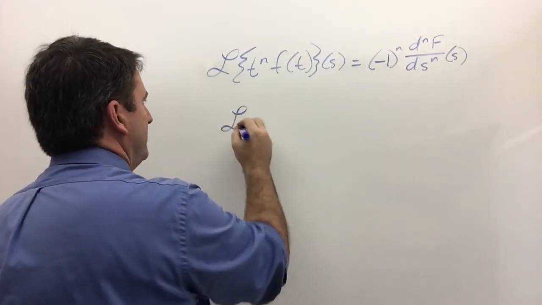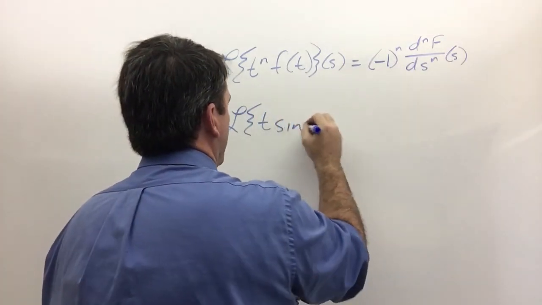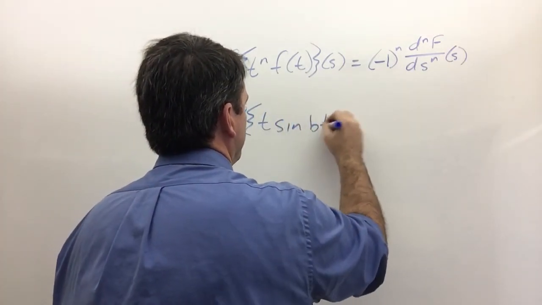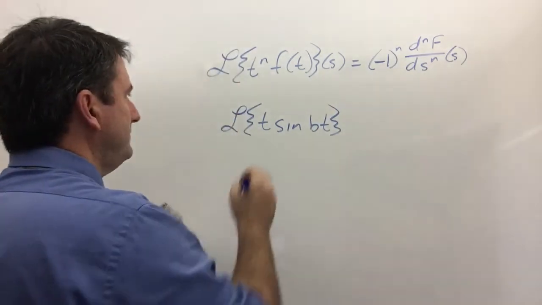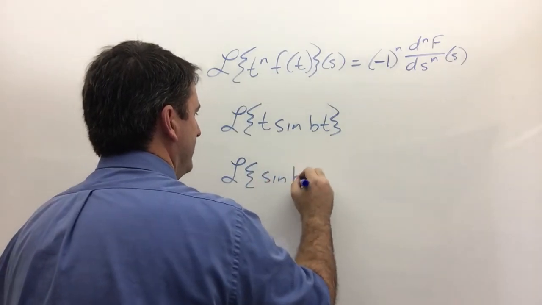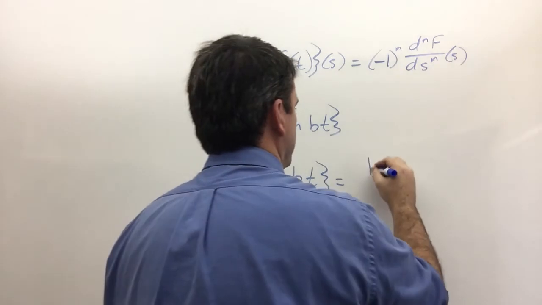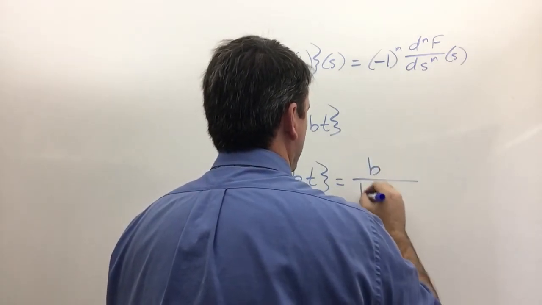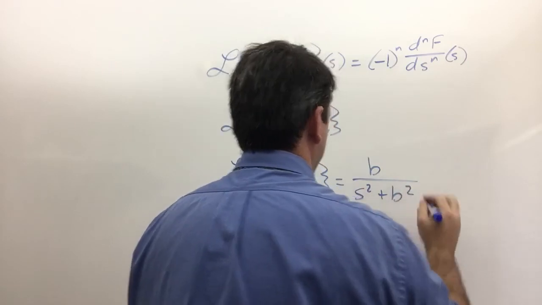Let me show you an example of how this is going to work. So let's take the Laplace transform of t times the sine of bt. And we know, of course, that the Laplace transform of the sine of bt is b over s squared plus b squared.